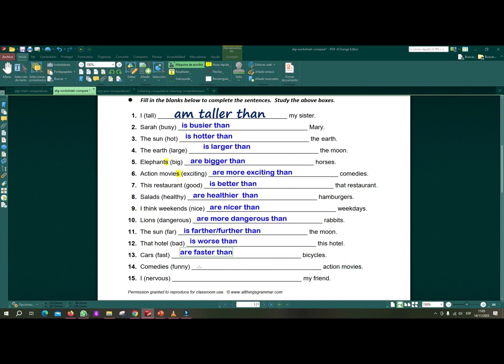Excellent, Caro. Comedies. In this case, you have funny. Un adjetivo con 2 sílabas, pero que termina en Y. So, comedies are funnier than action movies, right? So that will be that one.